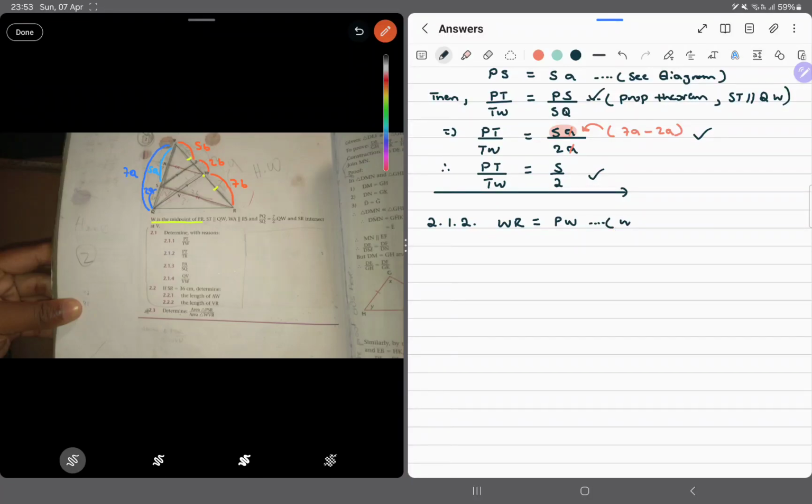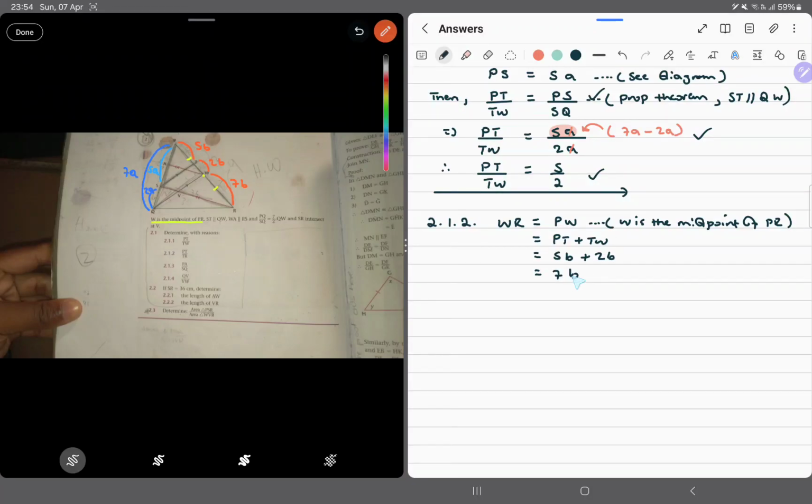We know that W is the midpoint of PR. This is important. So now what is PW? PW is made up of PT plus TW. This is 5B plus 2B. This is going to be 7B.